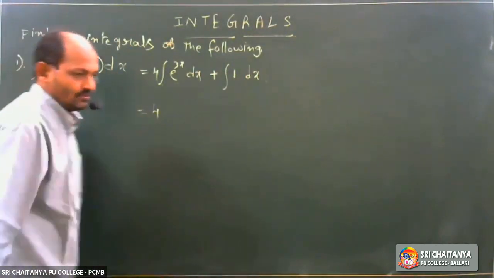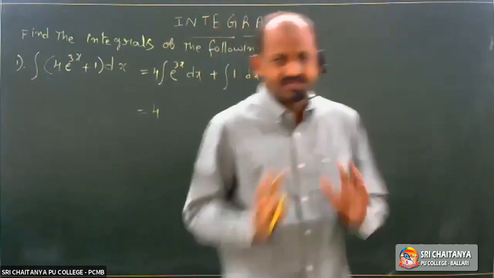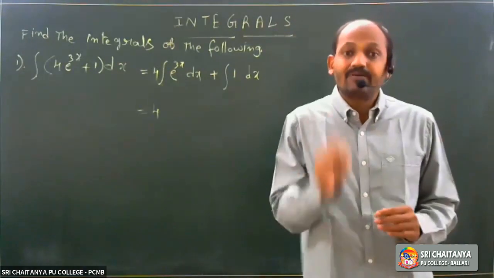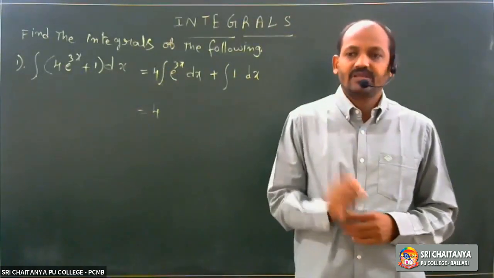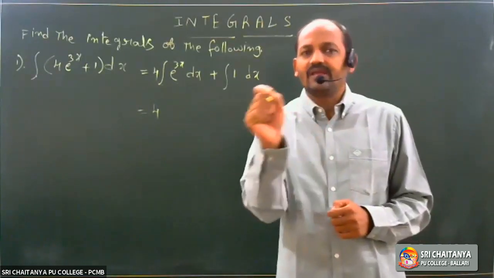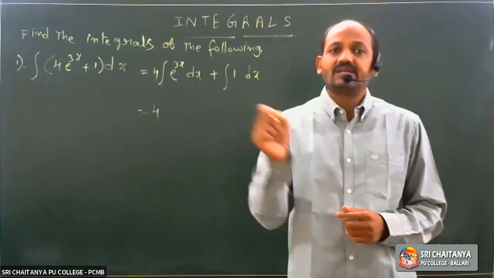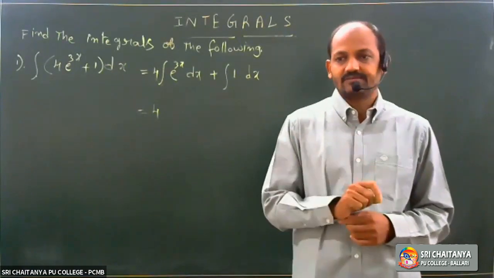4 into, already you know that the integral of e power x is e power x, but for e power ax, the integral of e power ax dx is equal to e power ax divided by a.